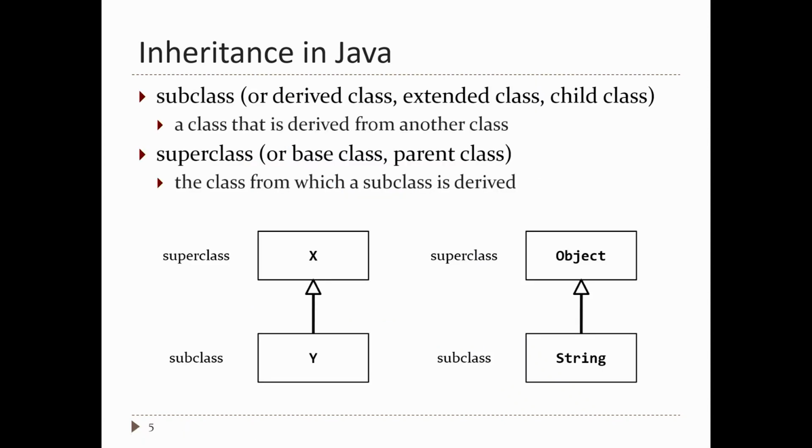There's some jargon that you need to get used to when you're talking about inheritance in object-oriented programming languages. What we call a subclass is also called a derived class. Java sometimes uses the term extended class, and you can also use the term child class. These are all names for a class that's derived from another class.